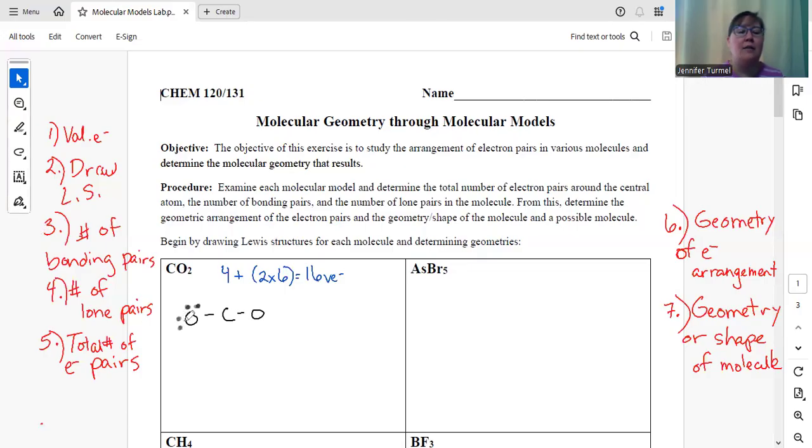Okay. So 2, 4, 6, 8, 10, 12, 14, and 16. But the problem with this is that we have not enough electrons on carbon. So we're going to go ahead and take that back out again.